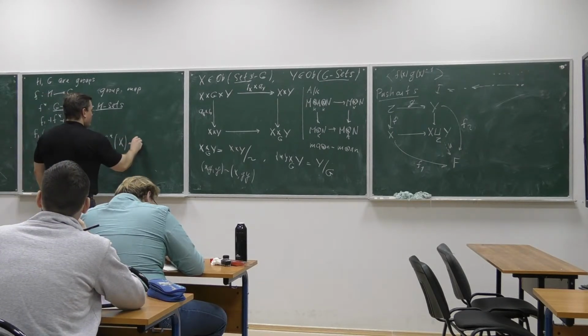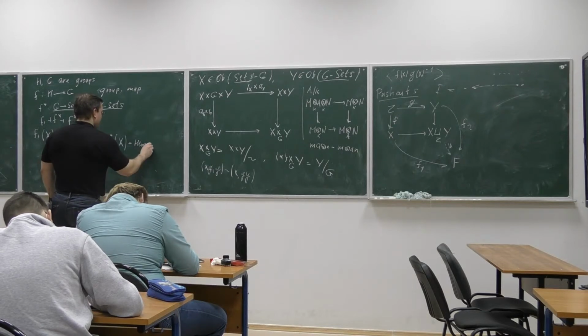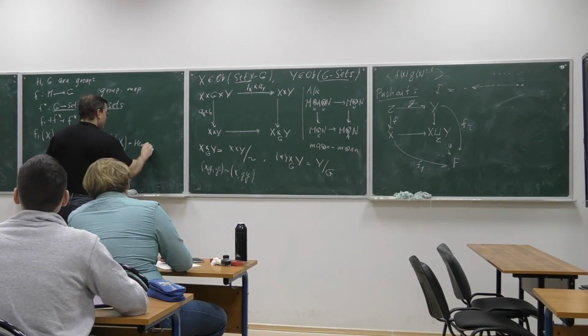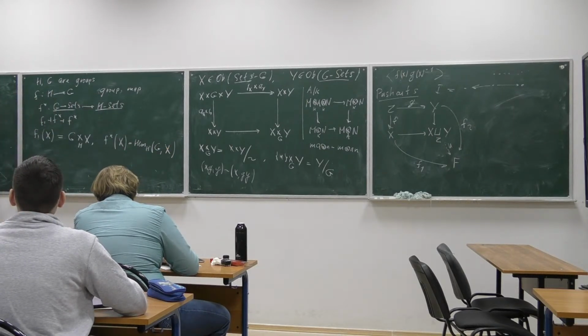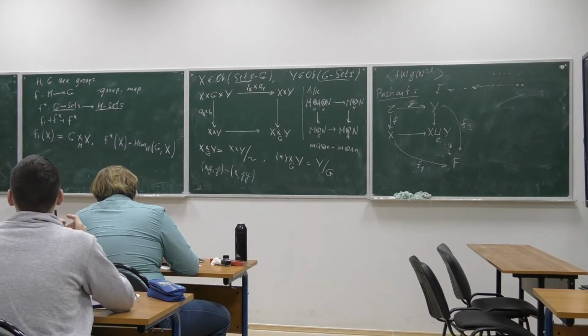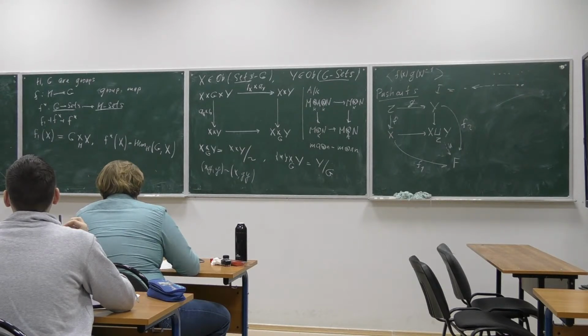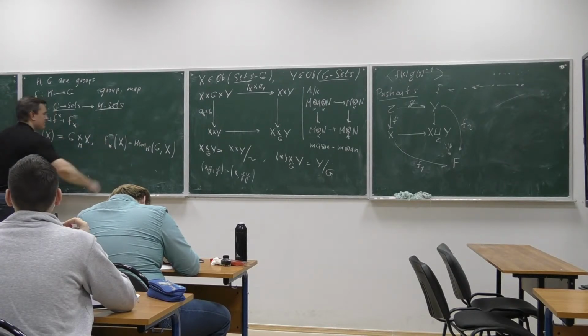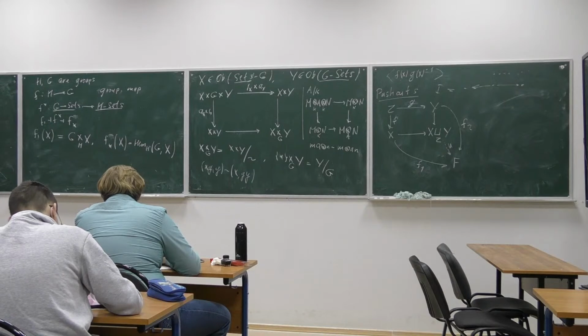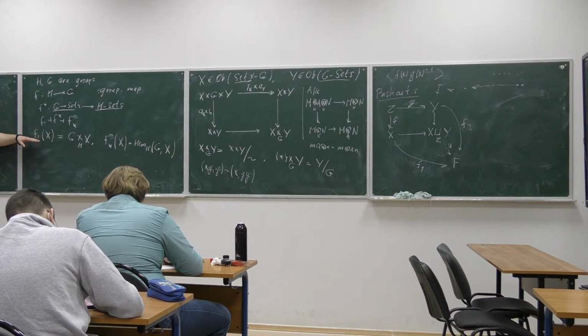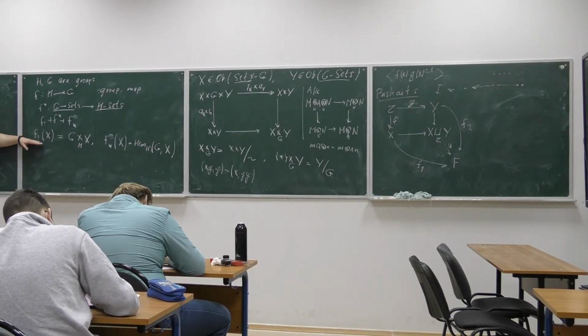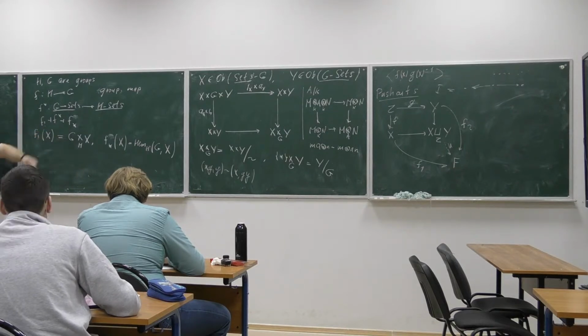So now we have a Hom over H, G, X. So if you look at these formulas, it's not very hard to actually show that this is indeed the left adjoint and the right adjoint for any group homomorphism.